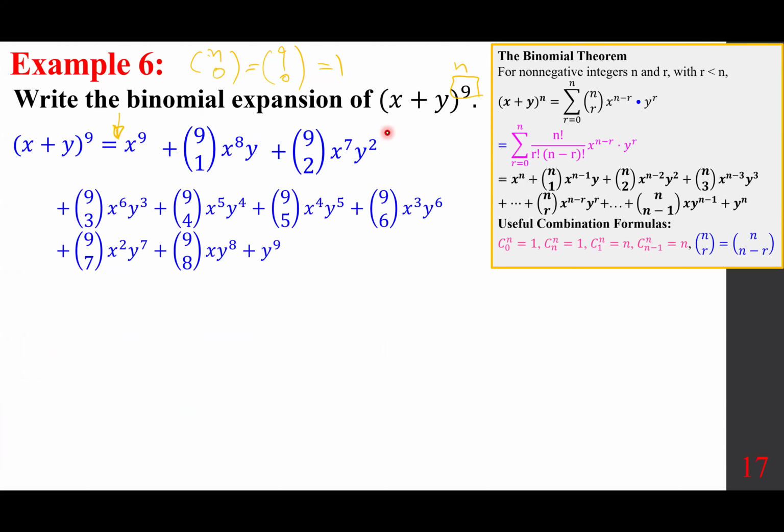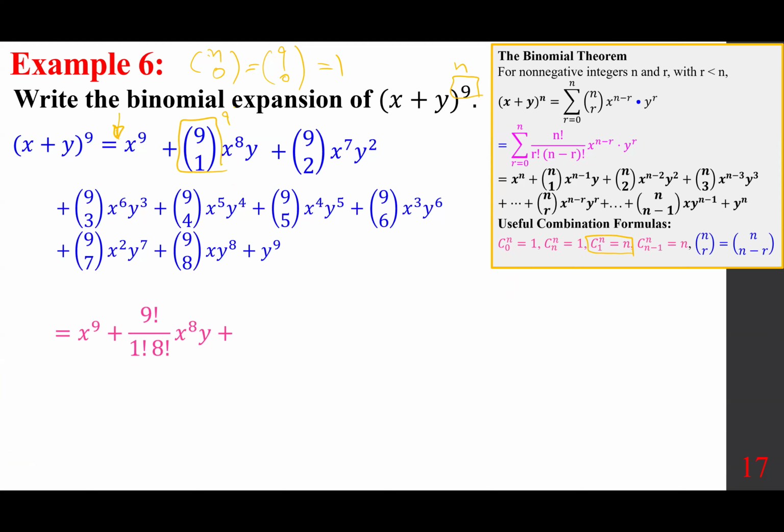So obviously, this is x to the power of 9. Then 9 choose 1. You can work it out, but remember, it's 9 factorial over 1 factorial times 8 factorial. But we've already mentioned that C(n,1) is n, so this is 9. Do you follow what I'm saying?